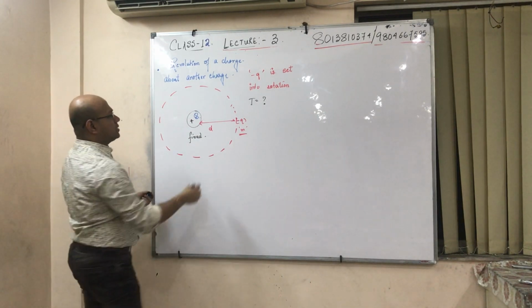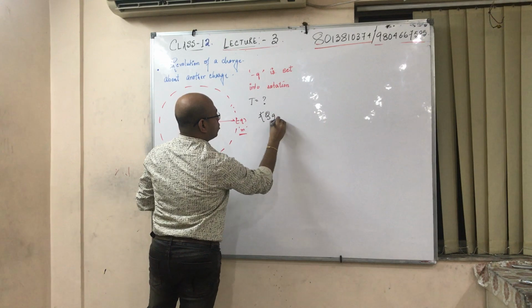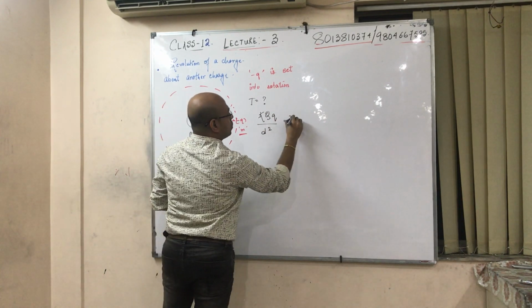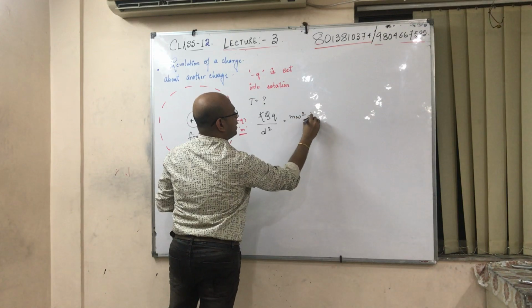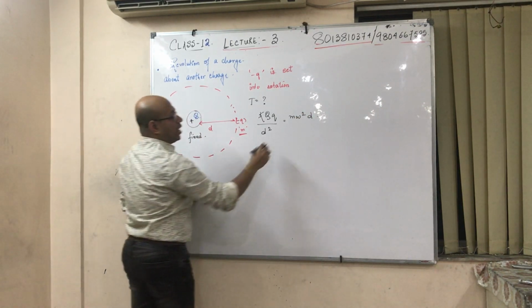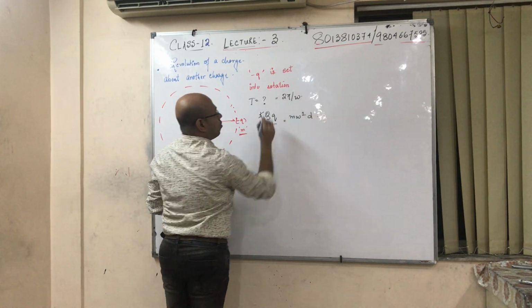How? So simple as that. What is the attractive force? K big Q small q by d square, and this is equal to m omega square d, as you have learned. This is the centripetal force, and we need to find the time period, which is equal to 2 pi by omega.